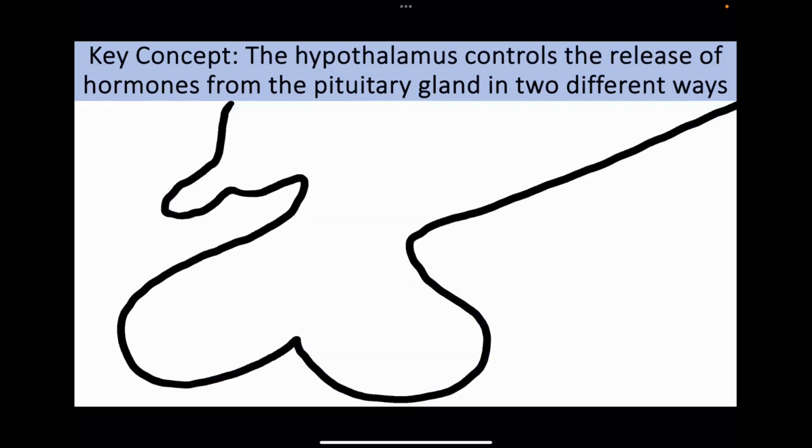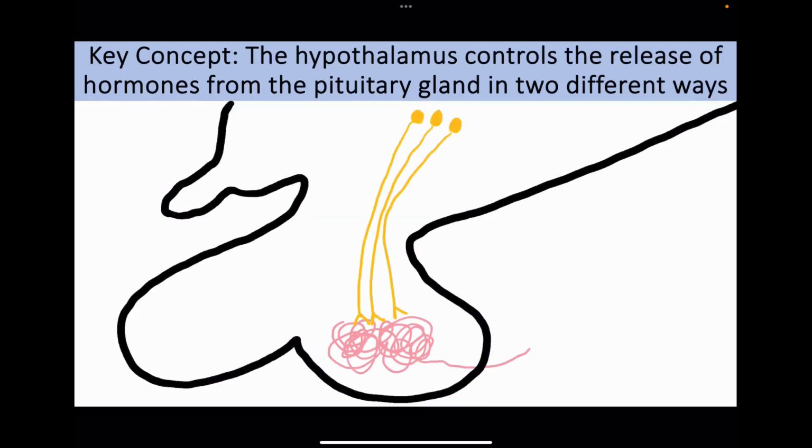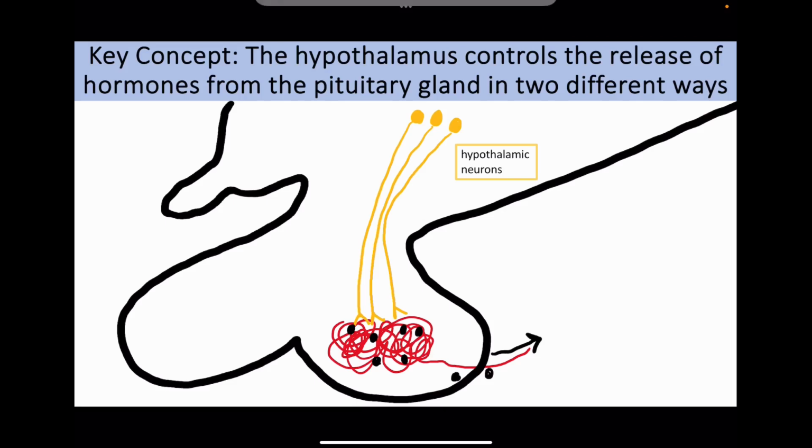Okay. So now the posterior pituitary gland works a little bit different. We still have hypothalamic neurons producing neurohormones, but instead of using a portal system, they're going to secrete those neurohormones directly into the blood supply that's going out to the body.